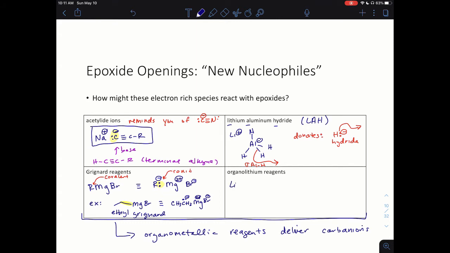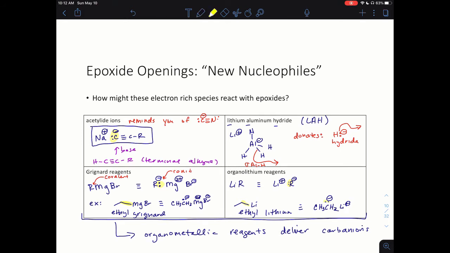It's really similar to the Grignard reagent, the organomagnesium reagent. Or you can think about it like a lithium cation and a carbon ion. We can look again at ethyl lithium. And we can think about these electrons. These are the nucleophilic ones.